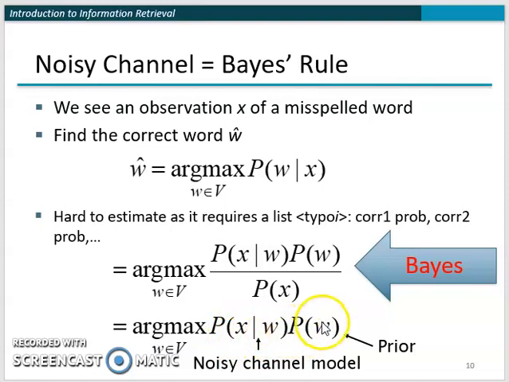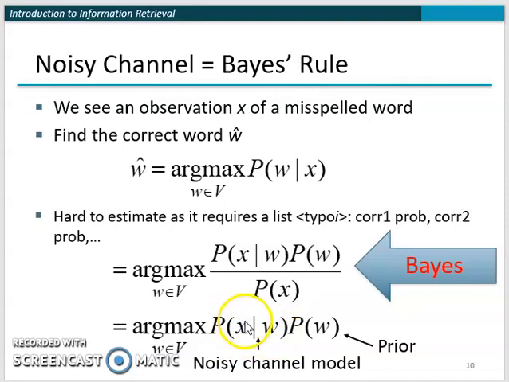P of W is actually the prior probability of our correct word, and this can come from a large enough corpus. We can train unigram, bigram, or trigram probabilities for this prior. And this is the probability of X given W, where X is the error word and W is the correct word.